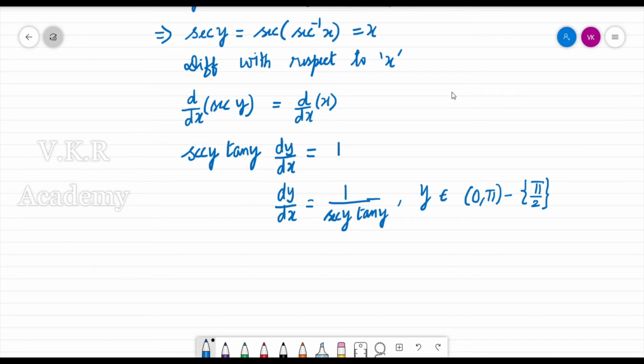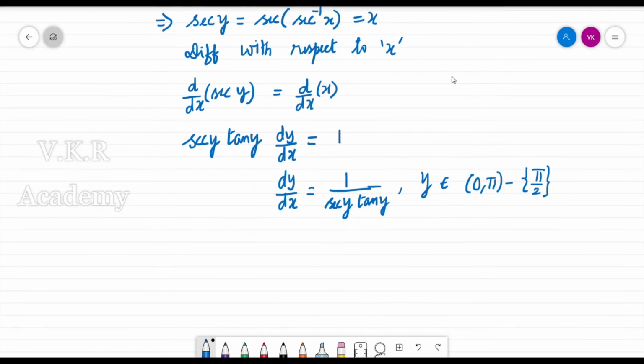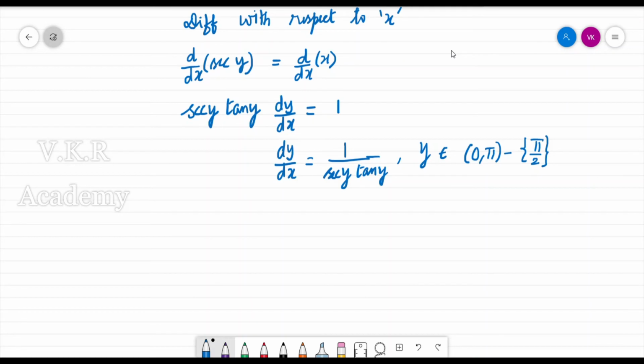So we may have to consider two cases. Case 1, to the left of pi by 2, that is in the open interval 0 to pi by 2, in which case secant y is greater than 0.